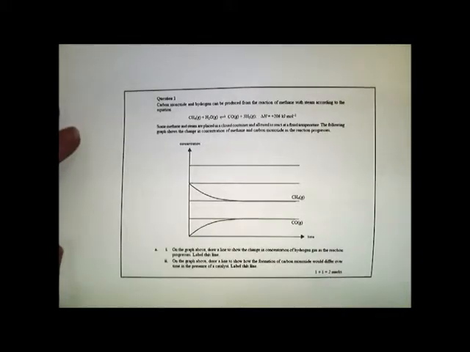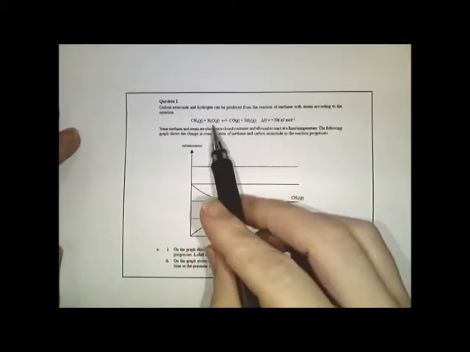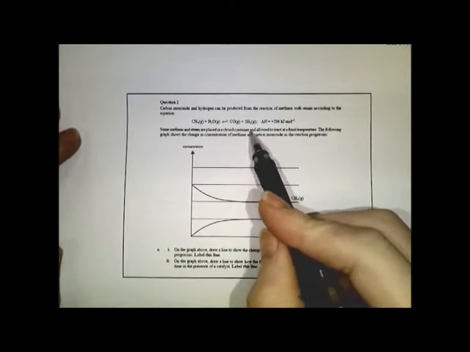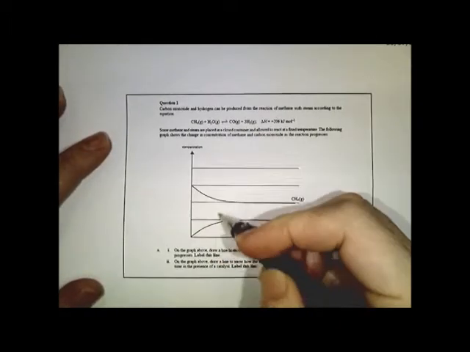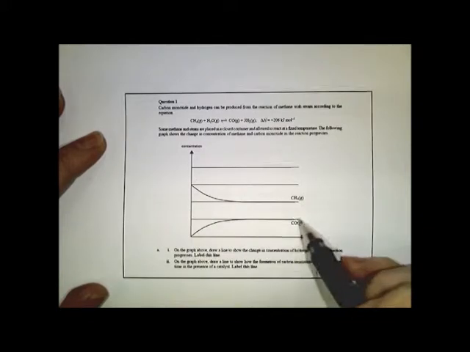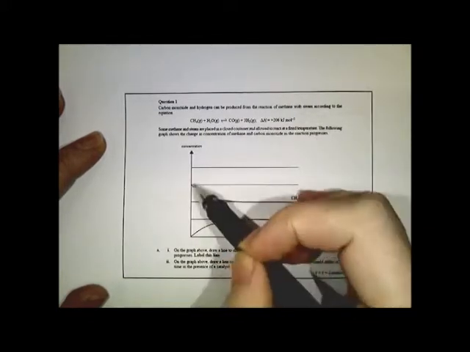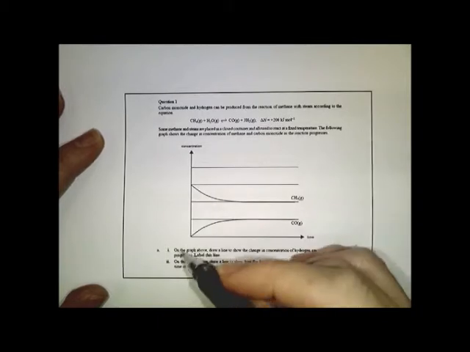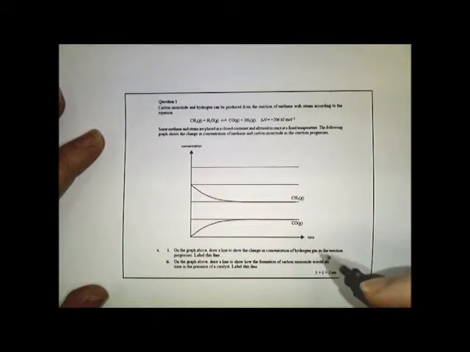For the first question, we have CH4 plus water produces carbon monoxide and hydrogen gas. Here we have the production of carbon monoxide, basically a concentration versus time graph.